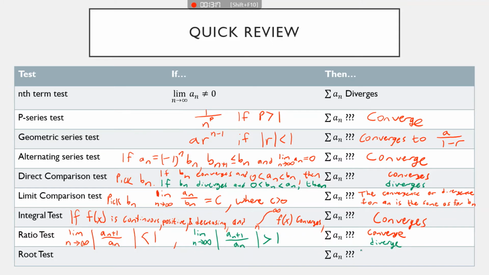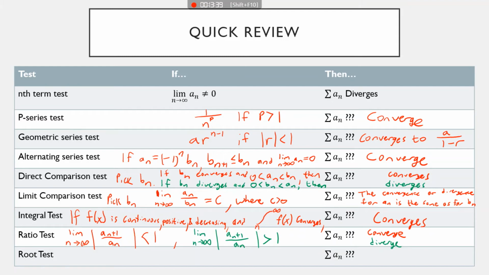And then what happens if it equals 1? Inconclusive. Okay, so our ratio test doesn't actually tell us anything, so I'm not going to write it. But if this limit equals 1 exactly, the ratio test fails.